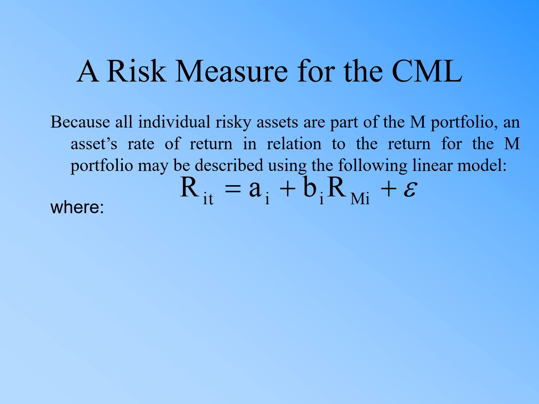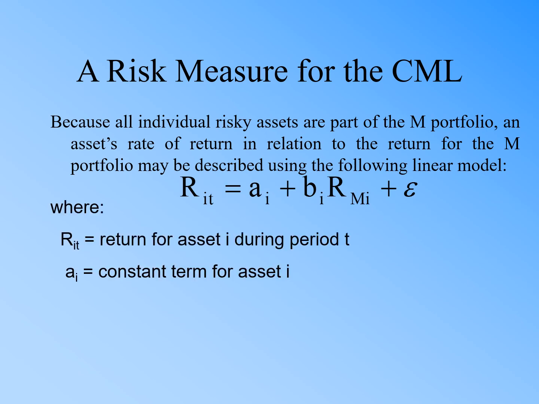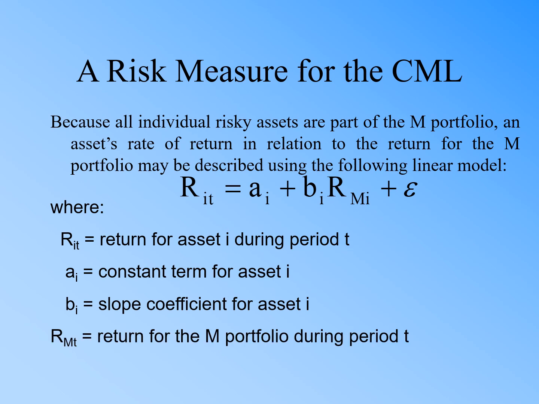Because all individual risky assets are part of the M portfolio, an asset's rate of return in relation to the return for the M portfolio may be described using the following linear model. R_it is equal to alpha plus beta R_Mt plus epsilon.